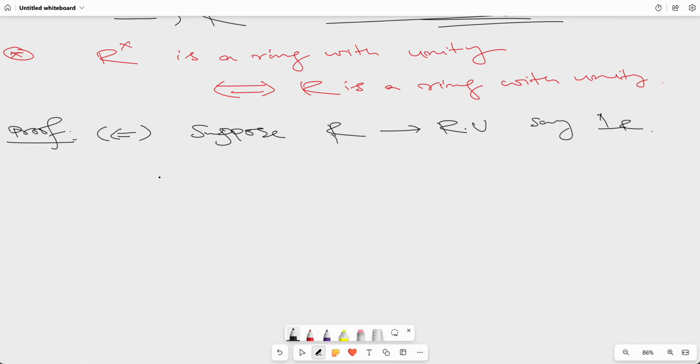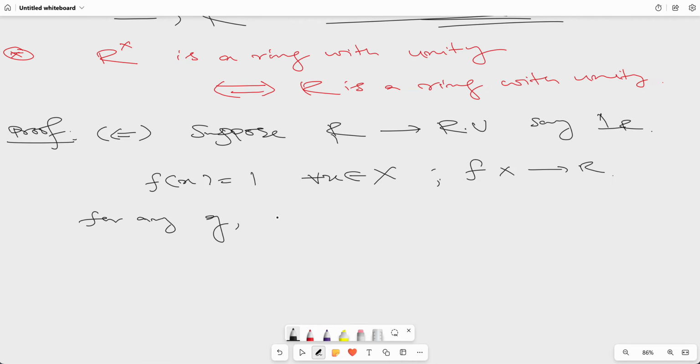Suppose f(x) = 1 for all x inside X, where f is a function from X to R. Then for any g inside Rx, (g·f)(x) equals g(x)f(x).